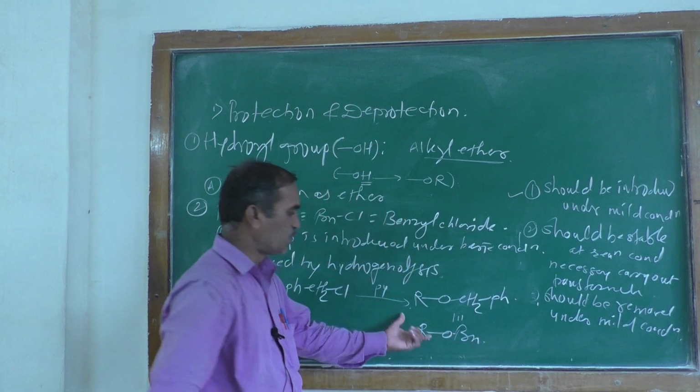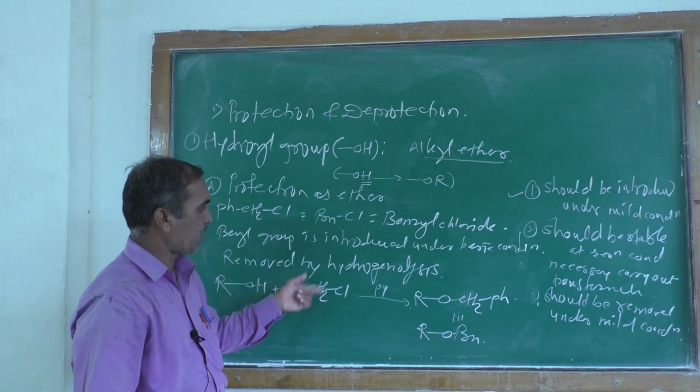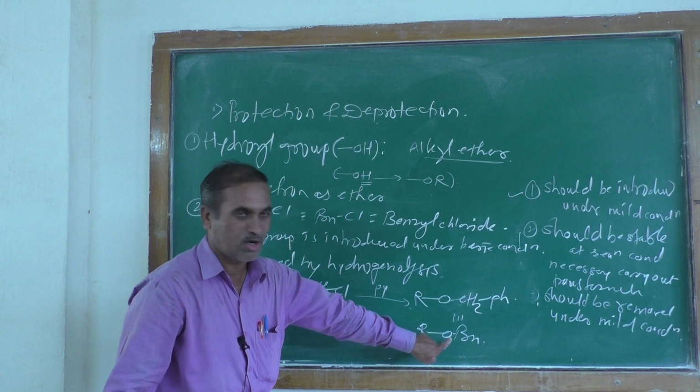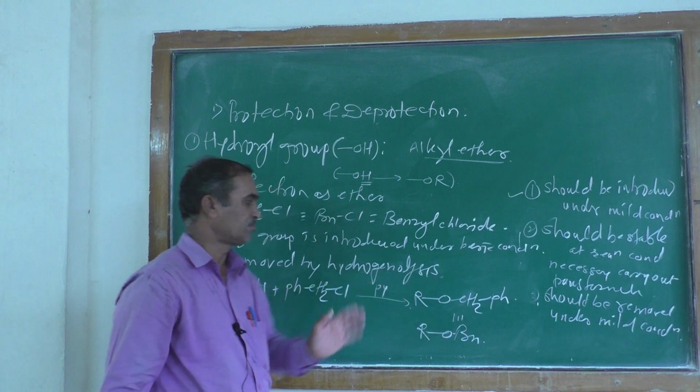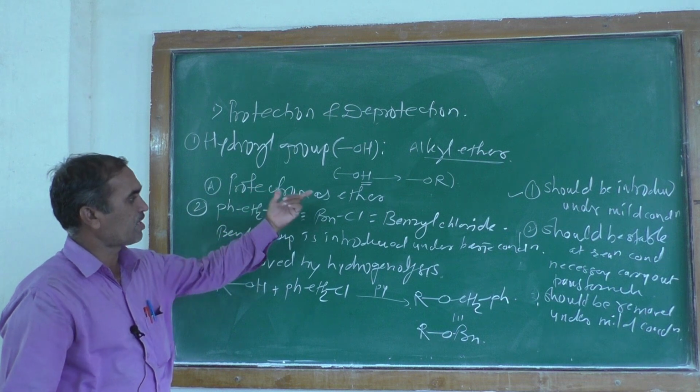Bn means benzyl group, and this is called protection as an ether, because there is an oxygen atom with a carbon atom on each side.